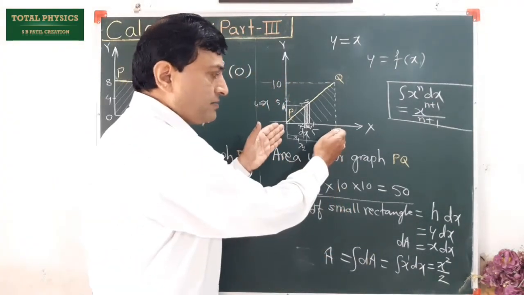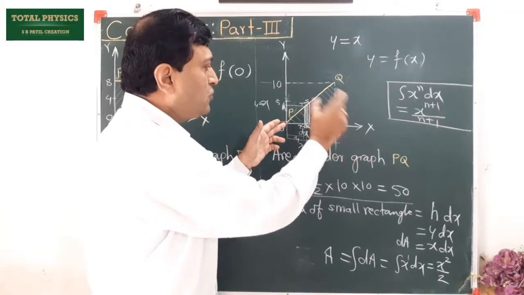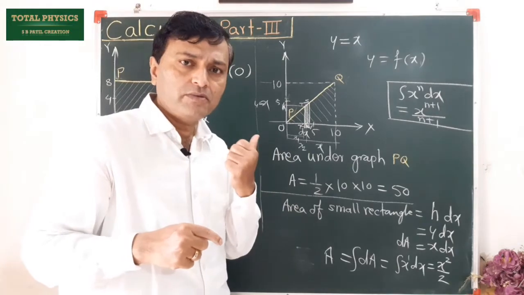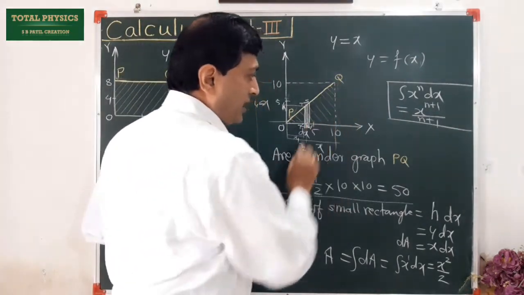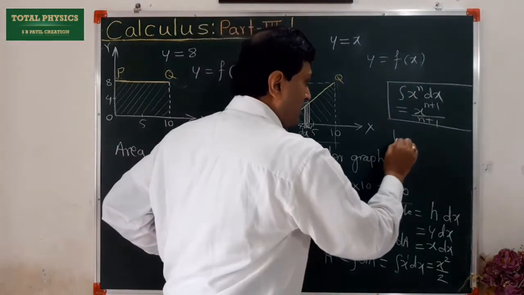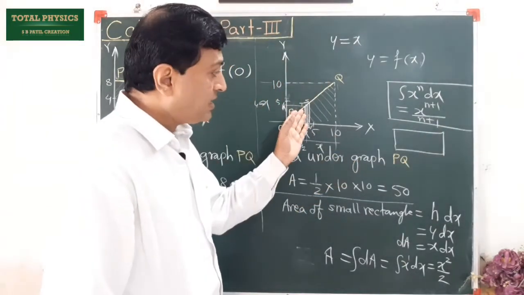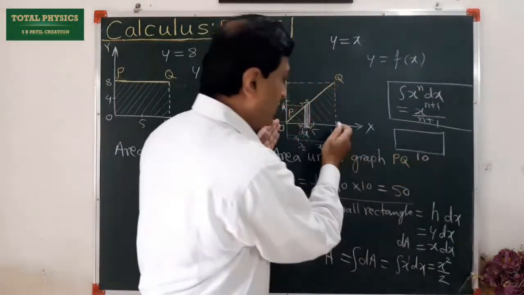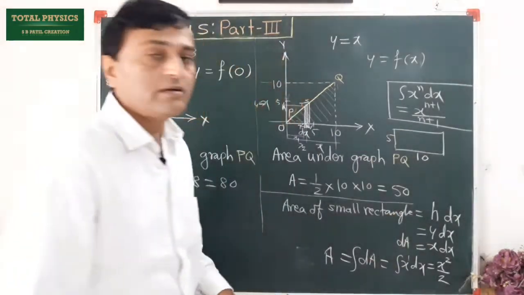This 10 is fixed, no problem. Then 10 into what? We will get 50. 10 into 5. This rectangle can be converted into a triangle. This will be the triangle. This will be the rectangle. This triangle can be converted into a rectangle having 10 as x and this y as 5.